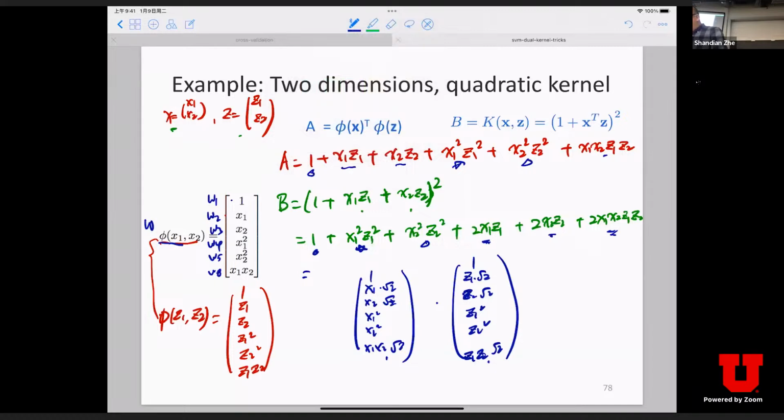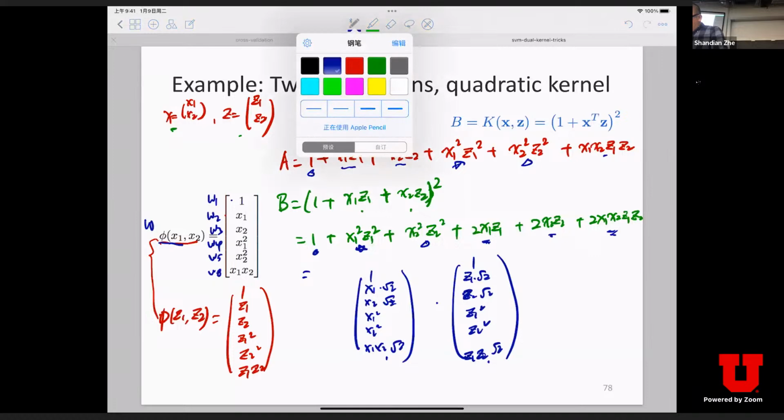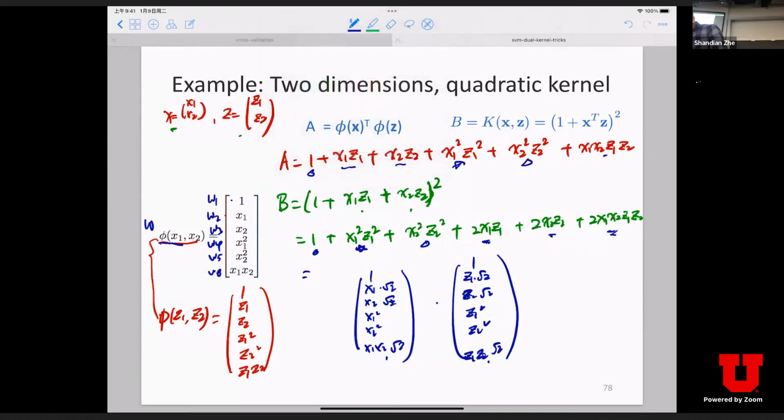But to learn a linear classifier, you have W1, W2, W3, W4, W5, W6.